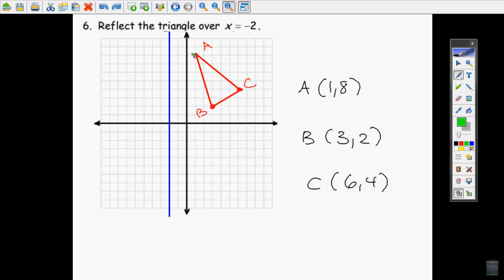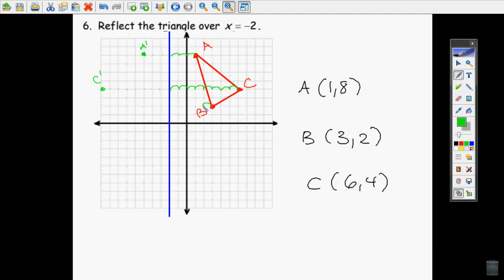So again, this is 1, 2, 3 away here. So it's going to be 1, 2, 3 away on this side. So that's A prime. This is 1, 2, 3, 4, 5, 6, 7, 8 away here. So I'm going to go 8 away here. That's C prime.